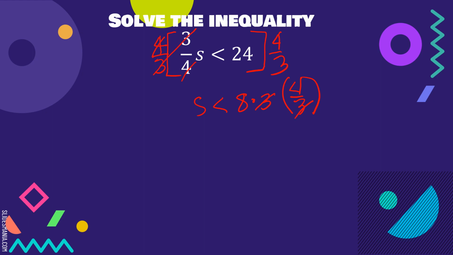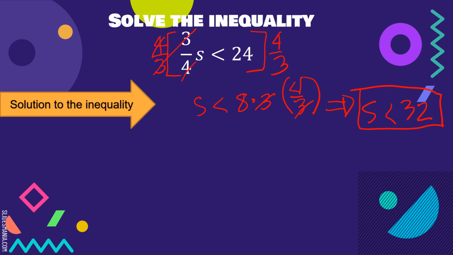What is left is 8 times 4, and it implies that s is less than 32 because 8 times 4 is 32, and that is the solution to our inequality.